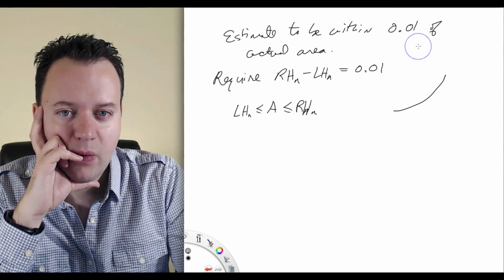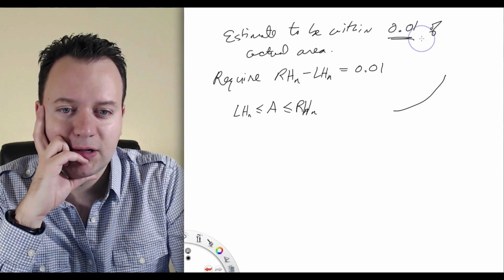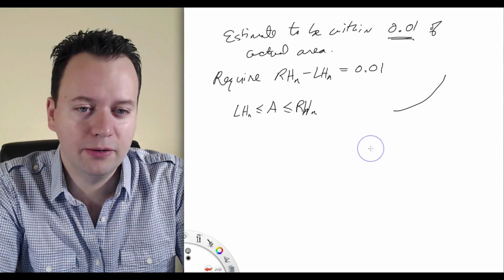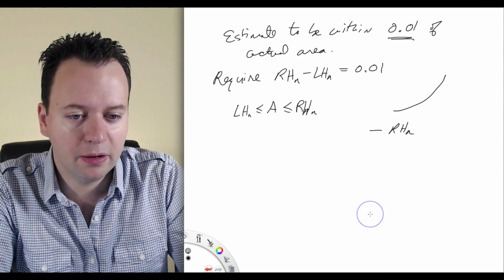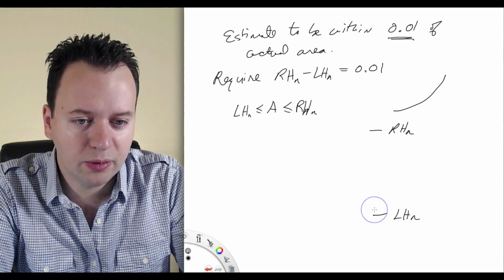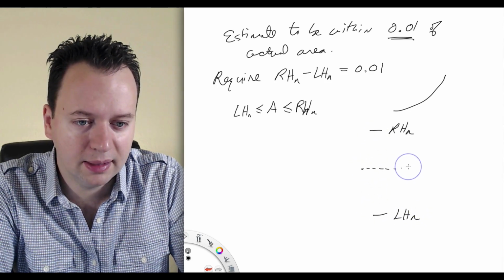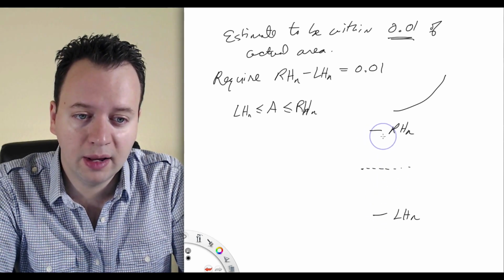Actually, if you really want the estimate to be within 0.01, here's some problem solving. Well, the right-hand Riemann sum's up here. Let's say the left-hand Riemann sum comes out down here. Now, if you choose a point halfway in between, you know that the true area is somewhere between the low end point and the high end point, right?